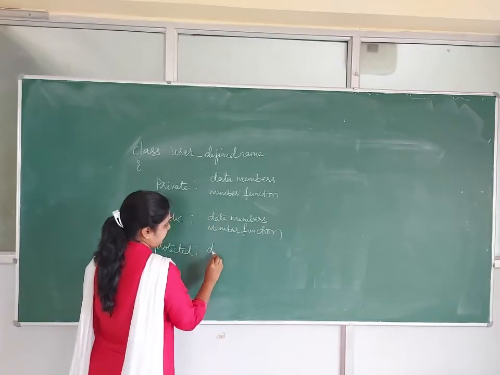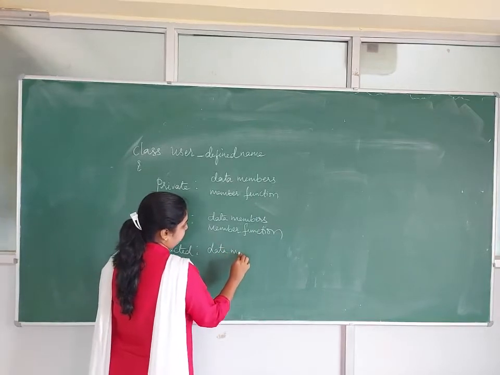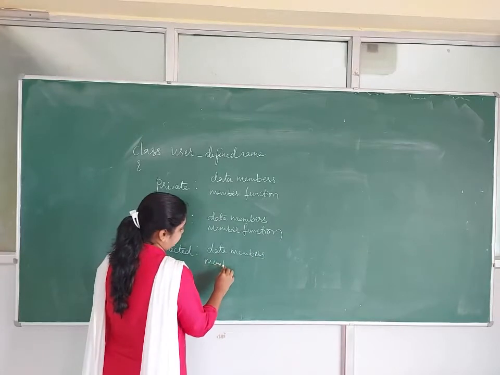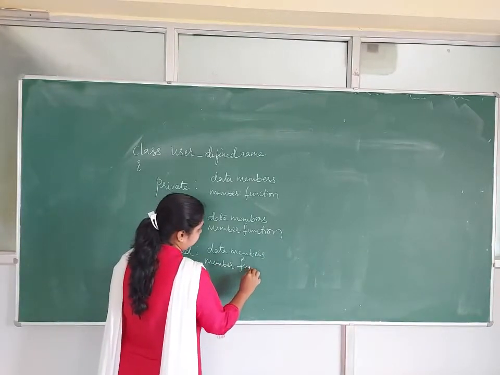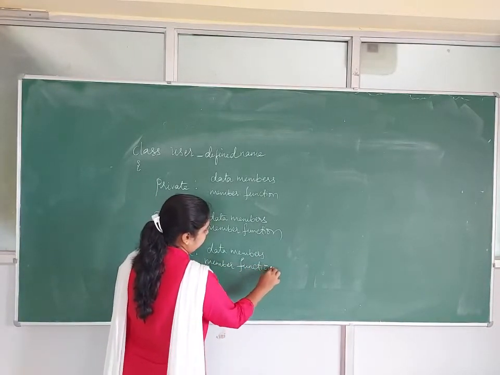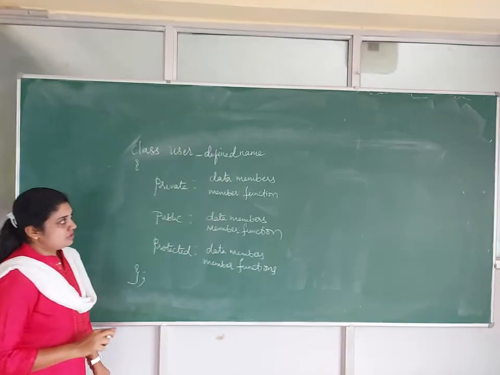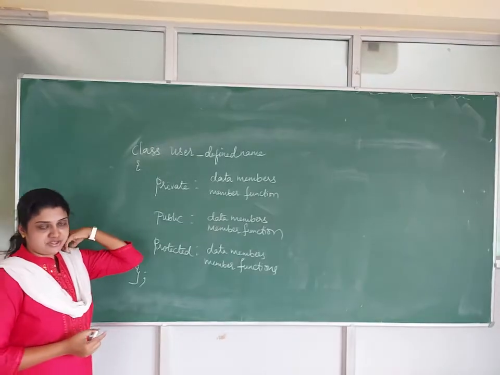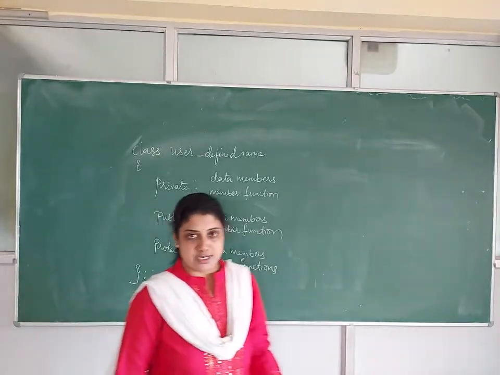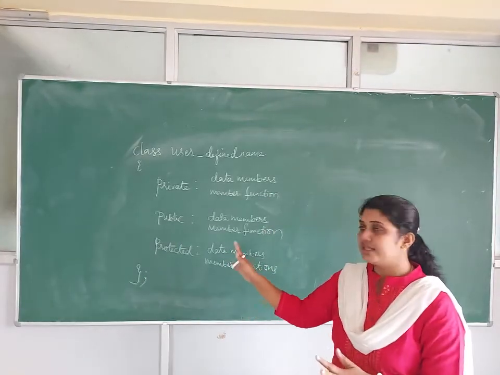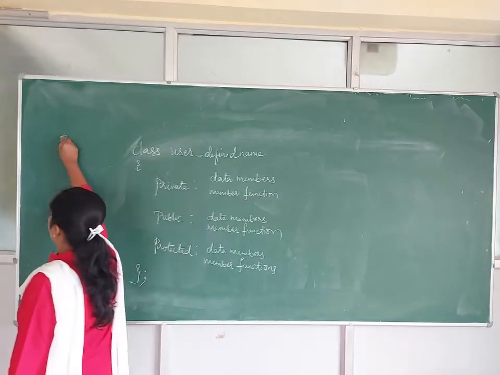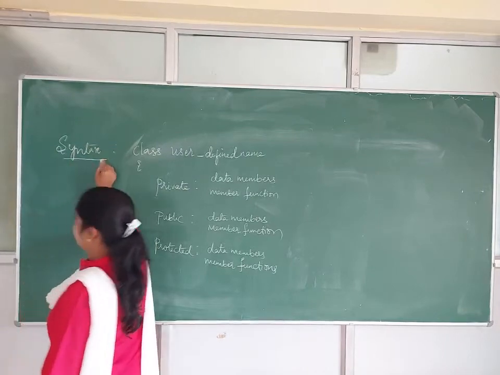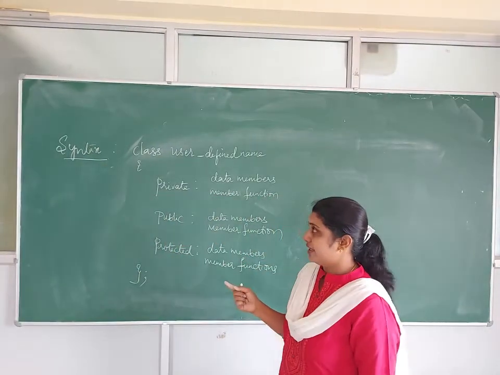If it is protected, again it has data members and member functions. Each and every access specifier contains data members and member functions. So this is the general form or syntax of a class declaration.